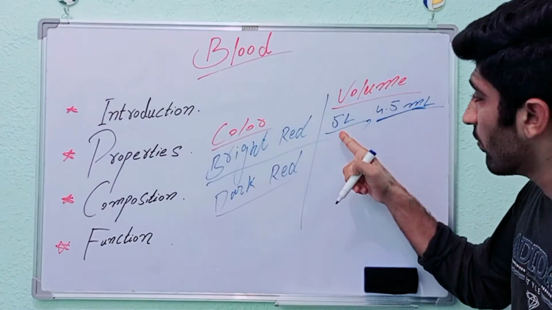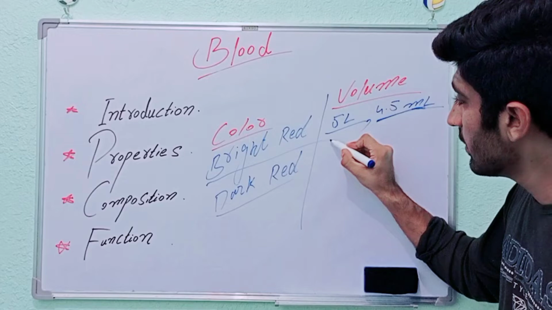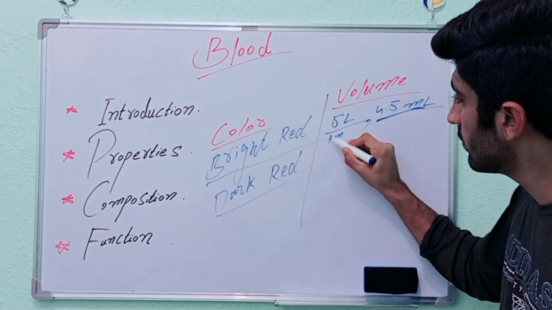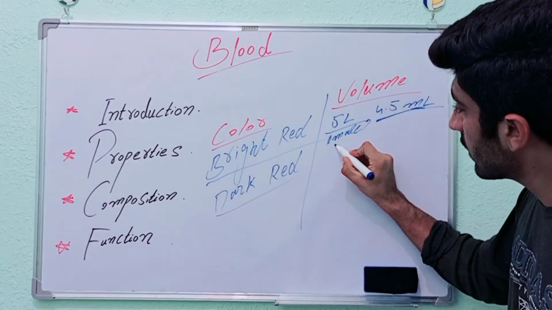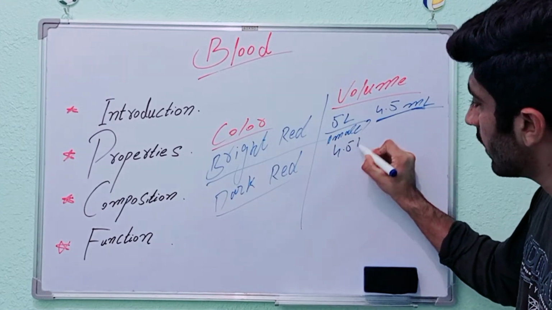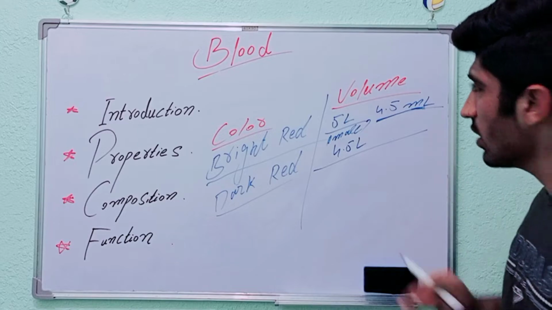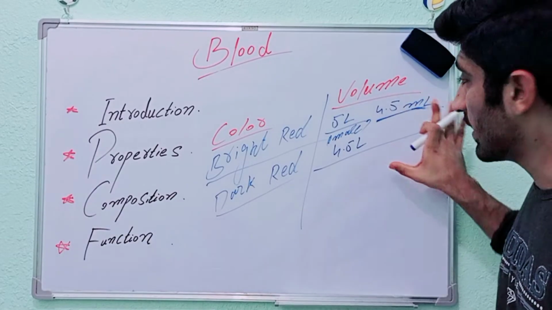The 5 liters of blood is in an adult male. In a female, the volume of blood is 4.5 liters. So this is all about volume.